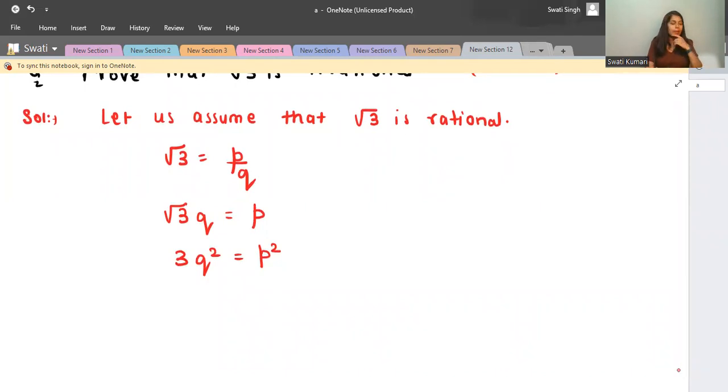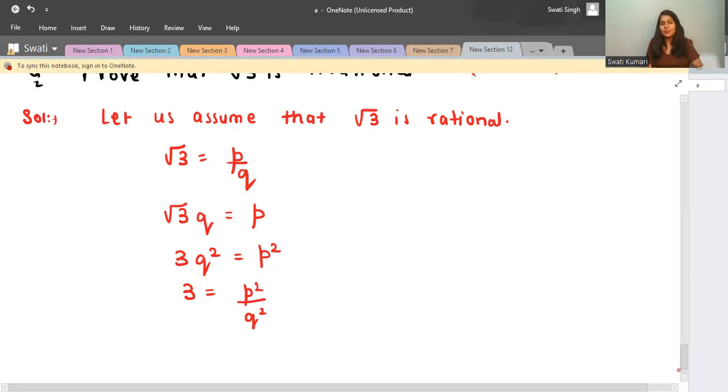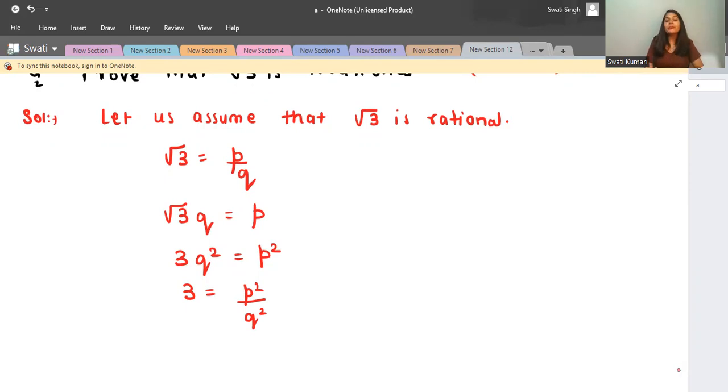Now I am going to multiply by q on both sides. For that, let me write this as 3 is equal to p square upon q square. Yes, I can write this as 3 is equal to p square upon q square. Now I'm going to multiply by q on both sides.